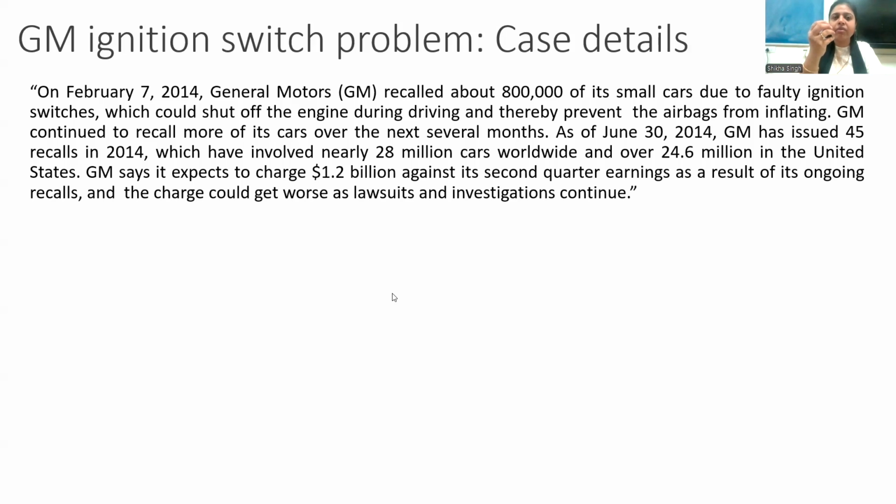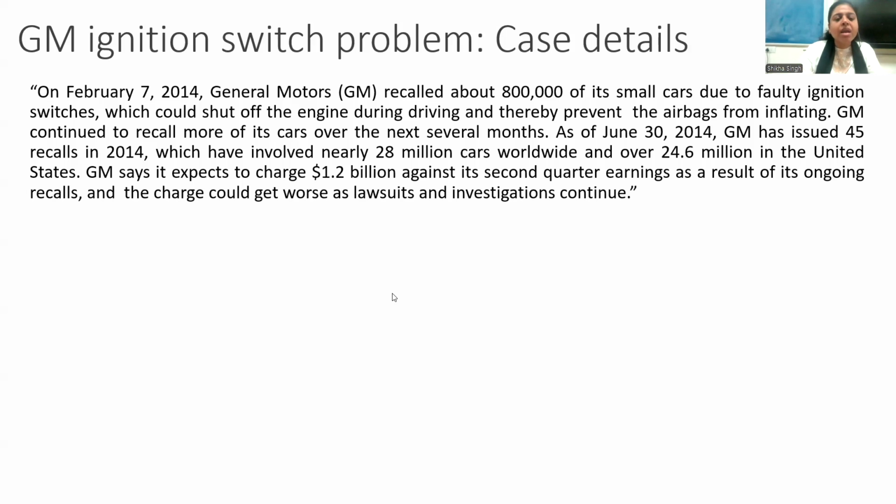Most of you are aware that when you would like to switch on a car, you have to put the key in. When you put the key in and rotate it, that is the ignition switch, which allows you to change the mode of the car to start, to off, to accessory mode, or to run mode, right? So this was the ignition switch issue.